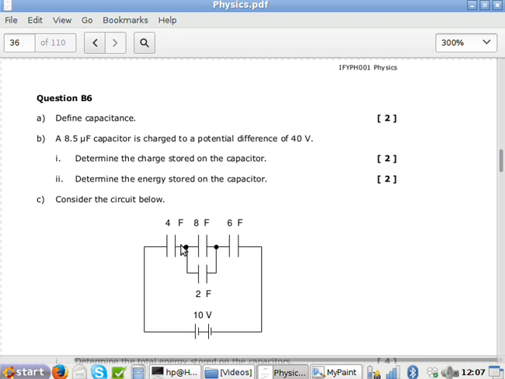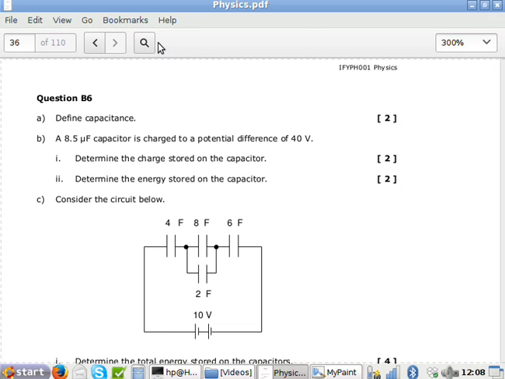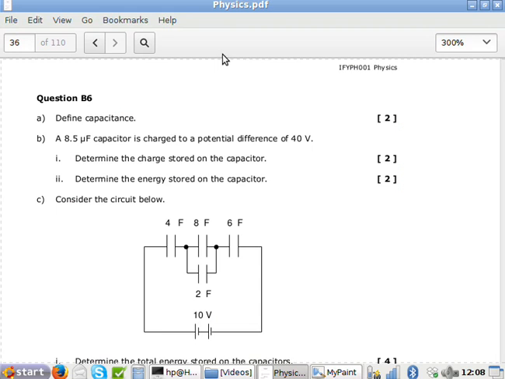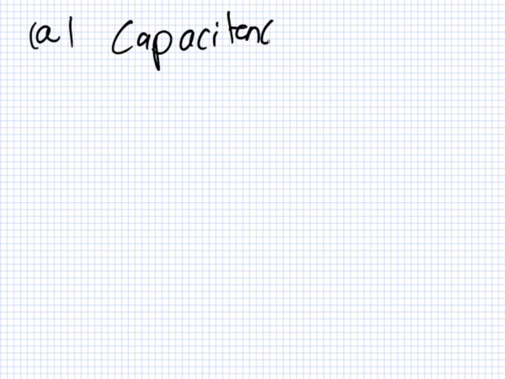This is too big. No, it's usually mega ohms. It'll load.